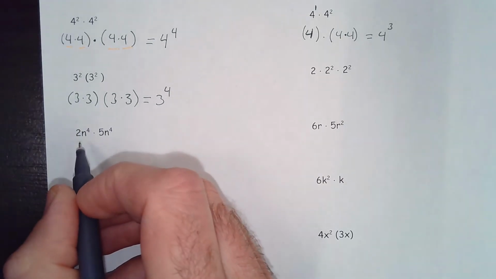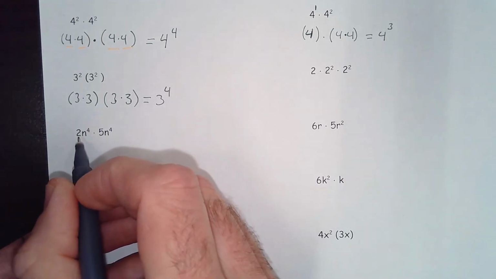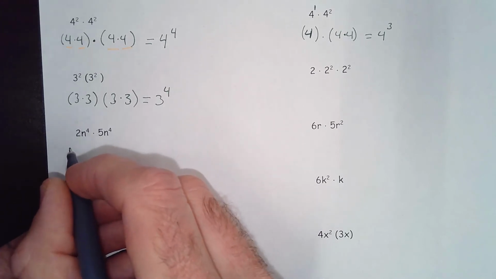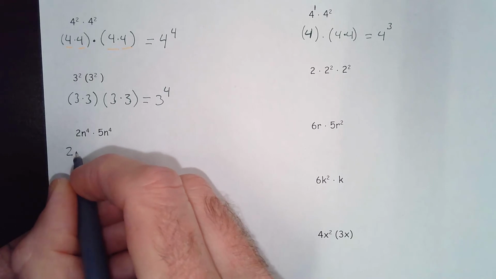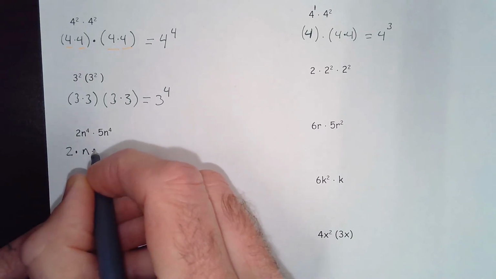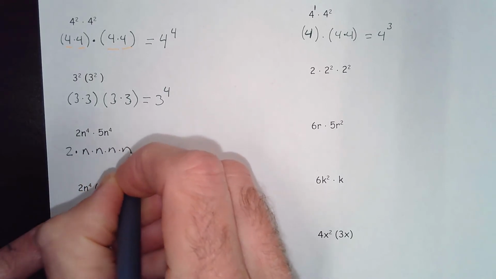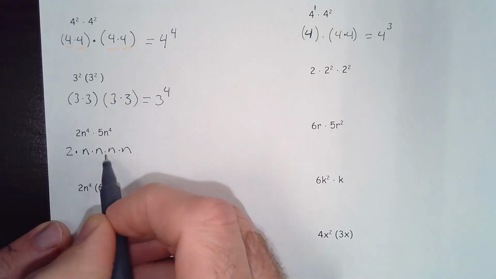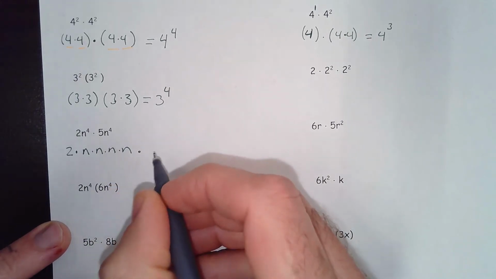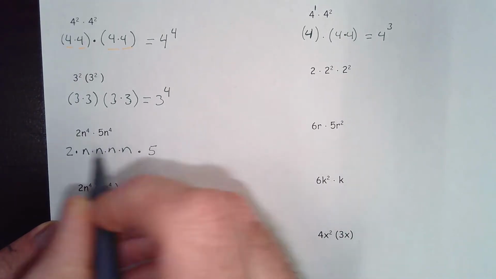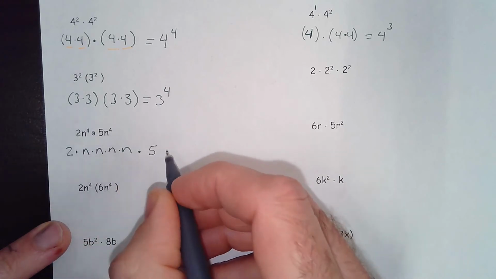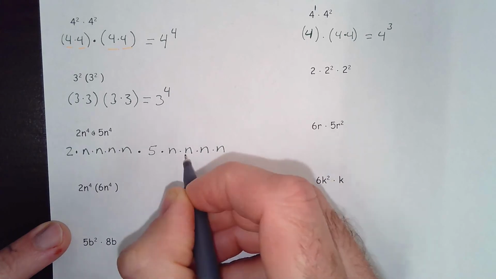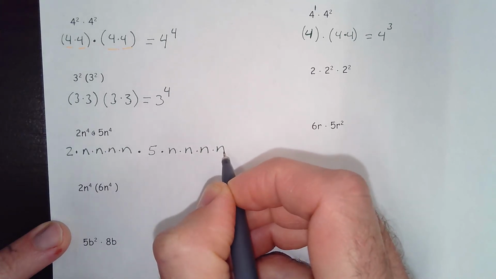These are a little different. We're starting to have a coefficient in front of the variable. We're going to expand this. This is equal to 2 times n times n times n times n, n to the fourth, times 5 times n times n times n times n, 4 n's.